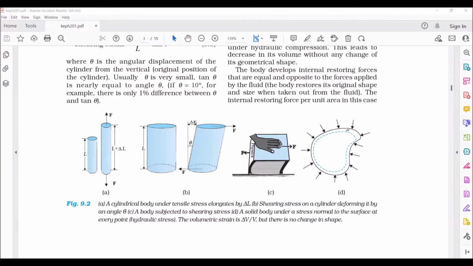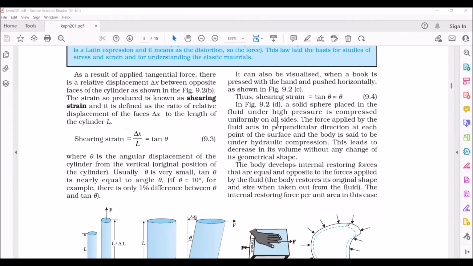Now the strain is defined. The change here we are representing as delta x. So the relative displacement here, the change is not a change in length. Here it is relative displacement. This is denoted as delta x. The relative displacement per original length is called shearing strain.